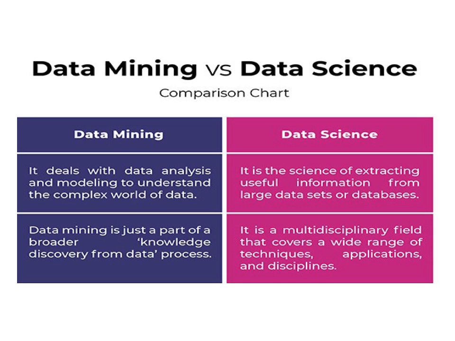What is the difference between data science and data mining? Data science plays a crucial role where we collect the raw data, and the objective is to get actionable insights and give us the required solution for prediction and future decision making. What is data mining? Data mining deals with data analysis and modeling to understand the complex world of data.